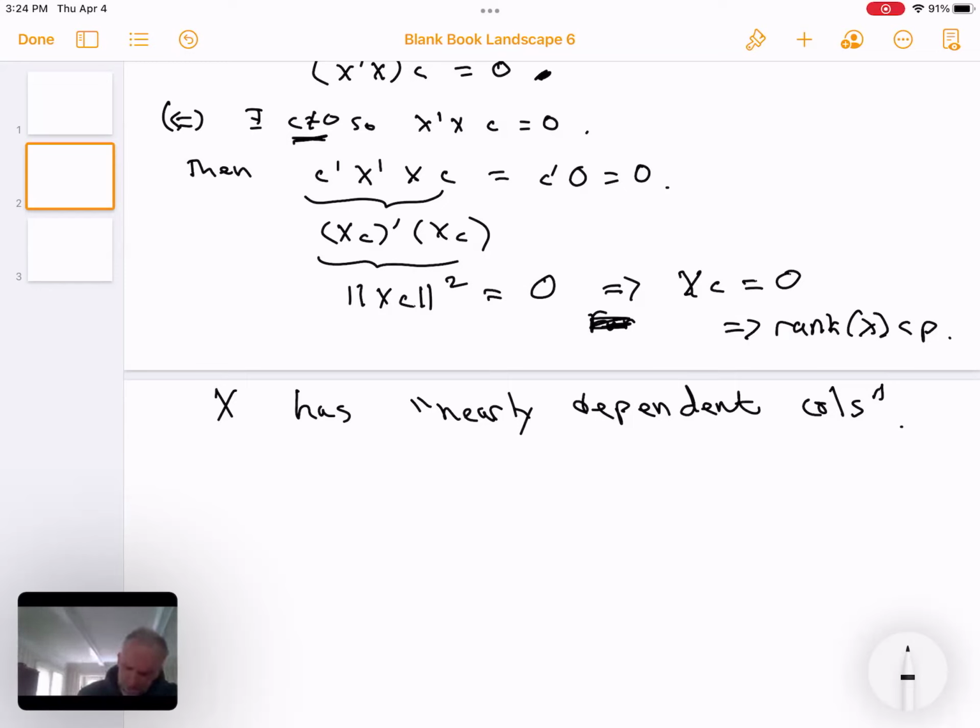So X has nearly dependent columns. We'll suppose they're not exactly dependent. I'm going to write all this since I'm saying it too.